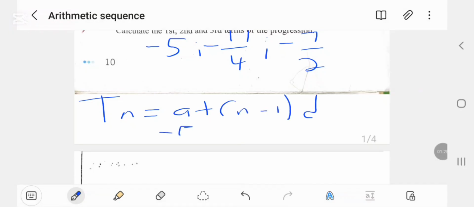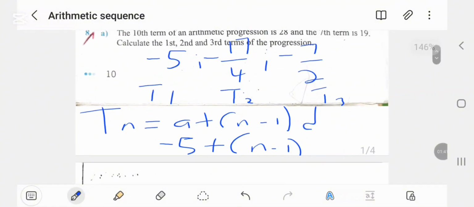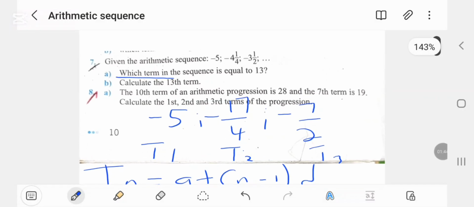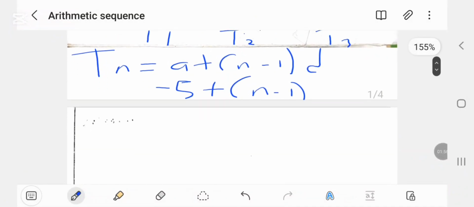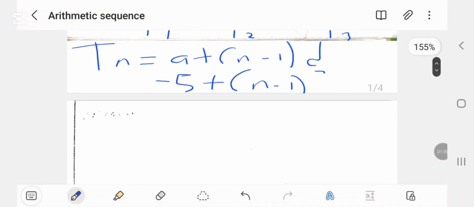A we have minus 5, which is the first term, n minus 1, and then our d, t2 minus t1. So I want minus 17 over 4 minus 5. Don't make a mistake. So our answer is 3 over 4.